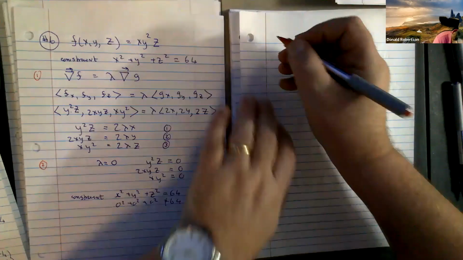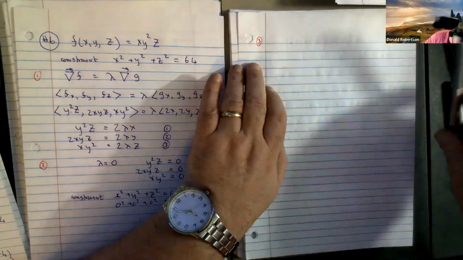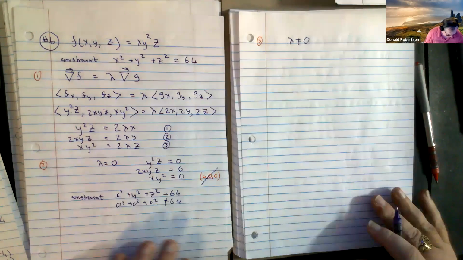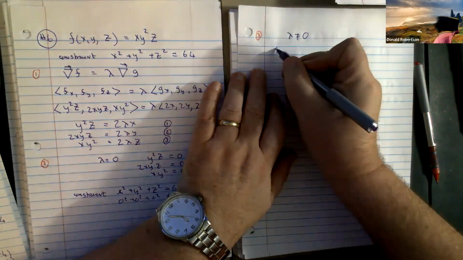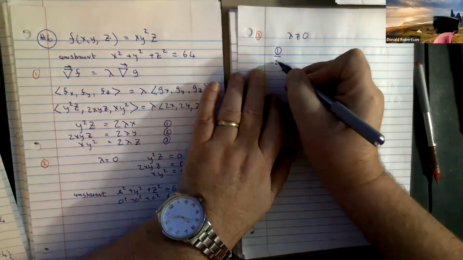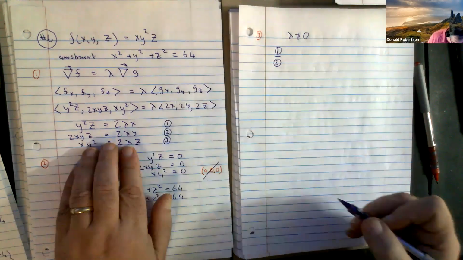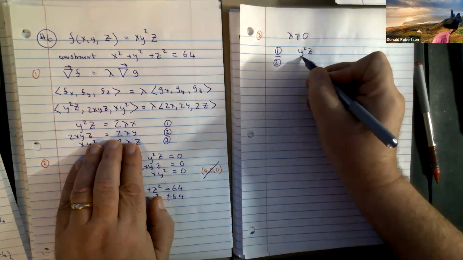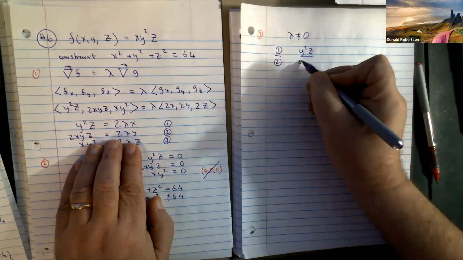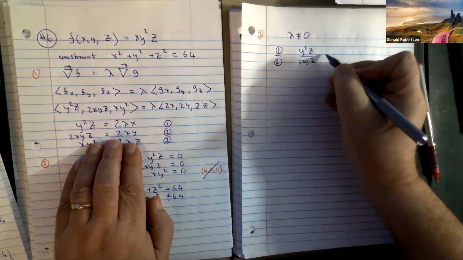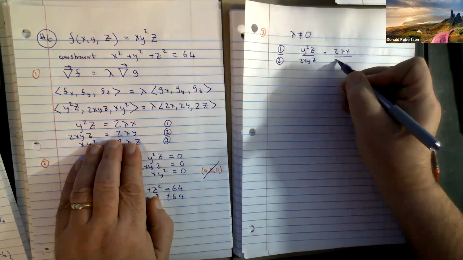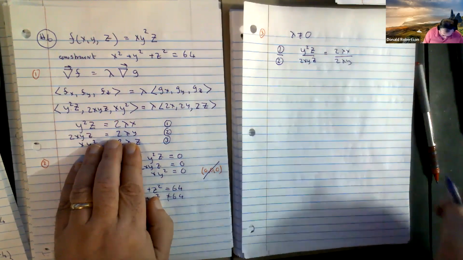Well, what does step 3 look like? We assume that lambda is now not equal to 0. And I'm going to take equation 1 and divide it by equation 2 like I always have. That's going to get me y squared z over 2xyz, and it's going to equal 2 lambda x over 2 lambda y.